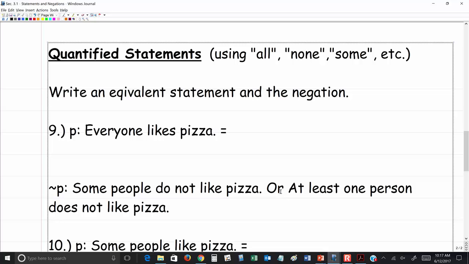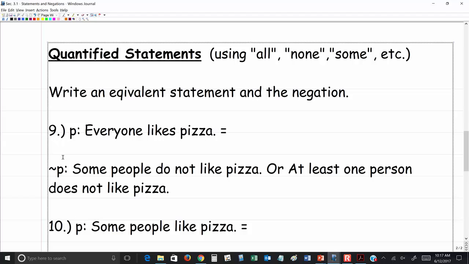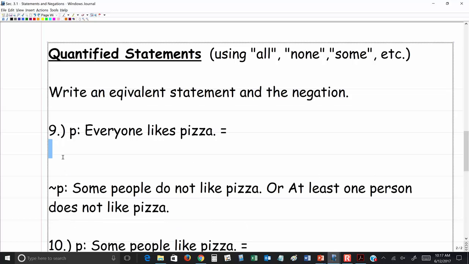So the negation of everyone is not no one. One way you can know that that's the case is that if you had the statement no one likes pizza, because this is the common mistake that people will make.